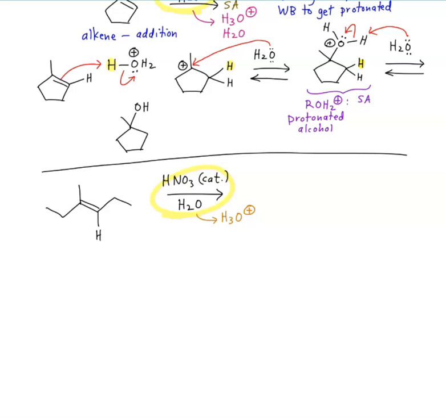Let's draw in the hydrogen on the alkene so we can keep track of more and less substituted carbons. And so this is going to follow the same pattern that we've seen in the previous two examples. Step one, the alkene is protonated. The carbocation forms on the more substituted alkene carbon.